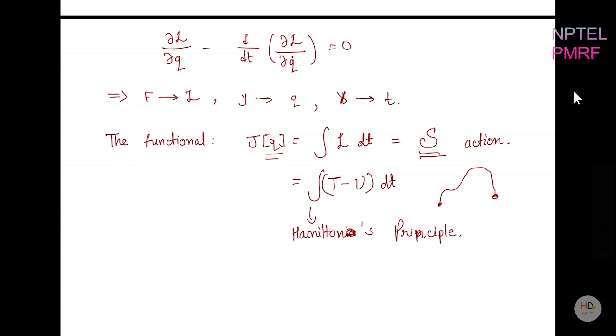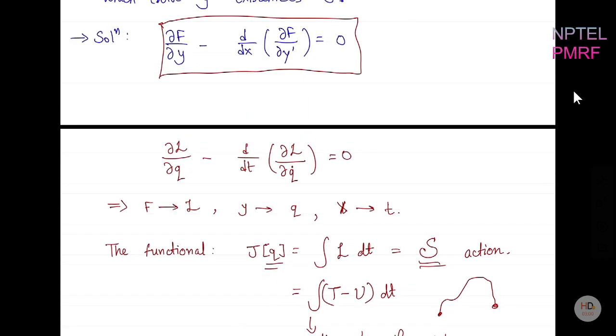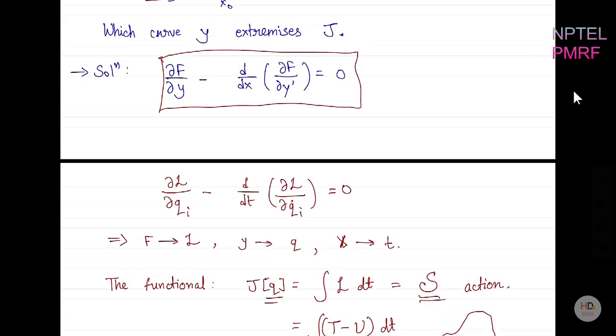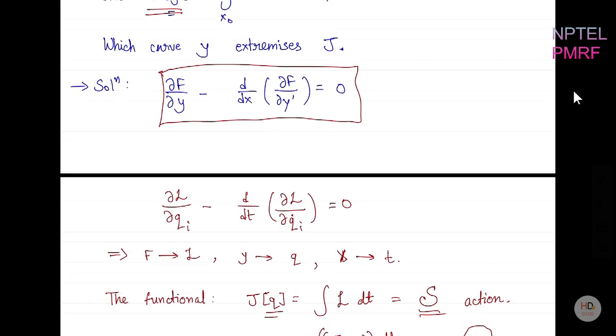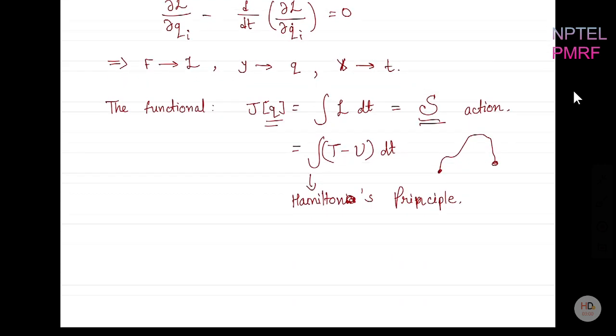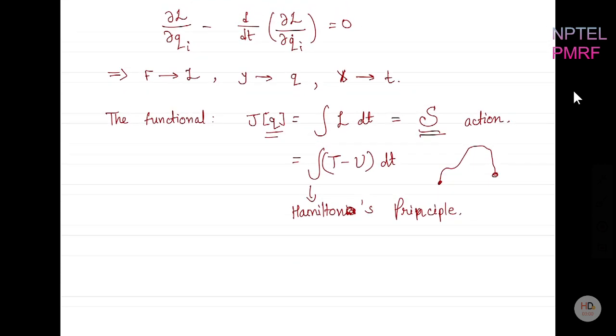More or less, that's what we did, right? If you have multiple degrees of freedom, you can just do this for each of them. In the same way, if you have multiple y_i's, multiple functions, then you can use this equation for each degree of freedom. So that was the recap.